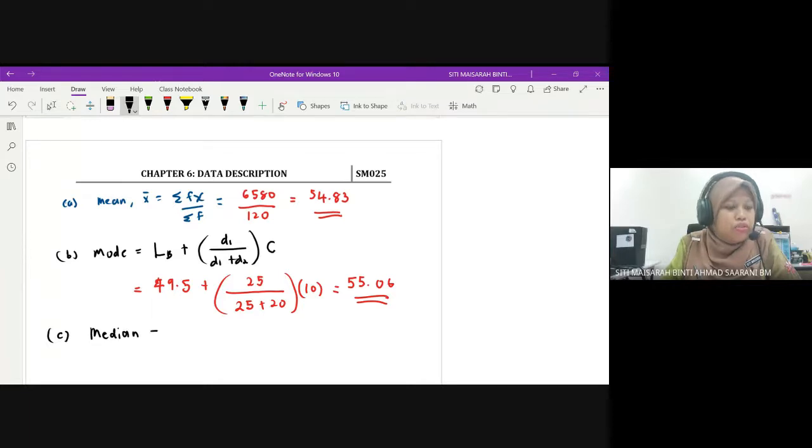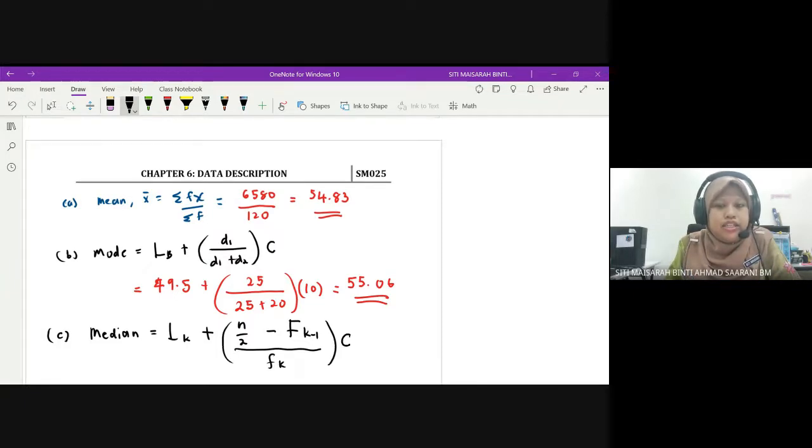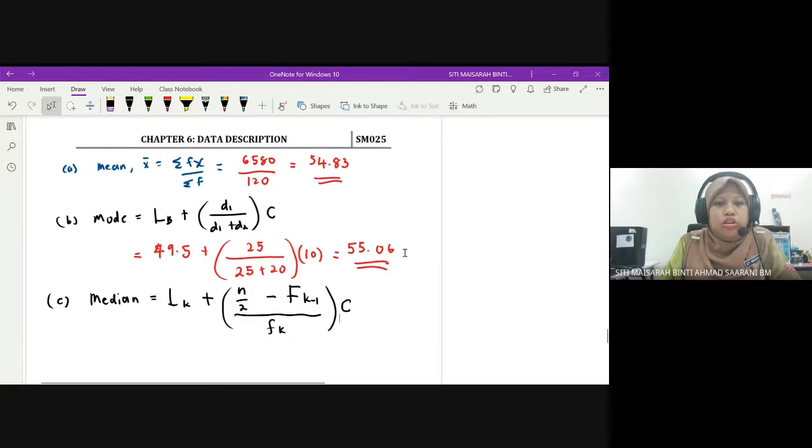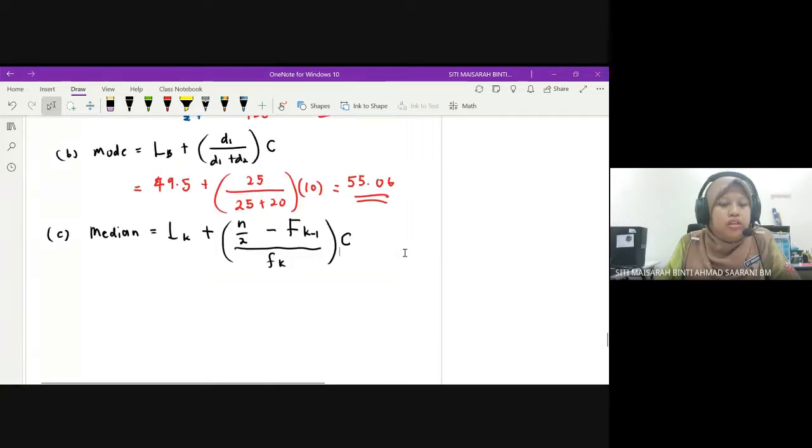The formula for median is LK plus N over 2 minus cumulative frequency before the median class, over frequency FK, multiplied by C. The median here is similar to the mode.